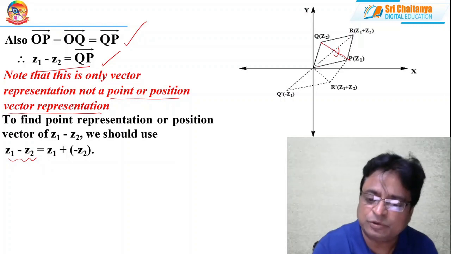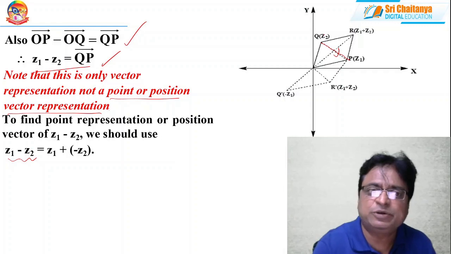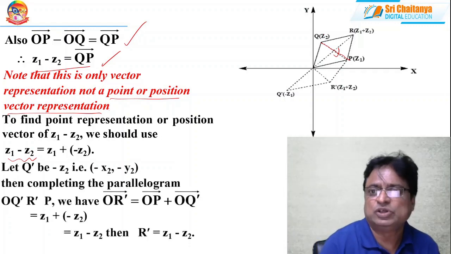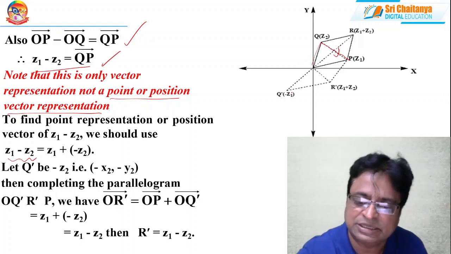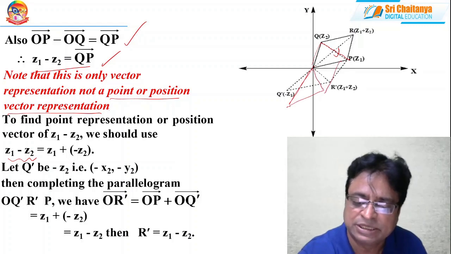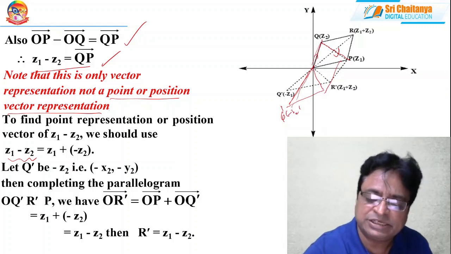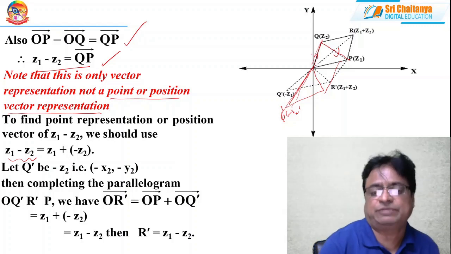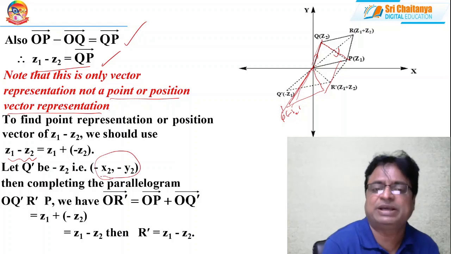If this is Z2, then minus Z2 is in the negative direction. These two are in the same line only, don't get any confusion here. So this Q dash is minus Z2. If this is Z1, then minus Z2 is completely opposite to that one, so that is my Q dash, which is minus X2 comma minus Y2.